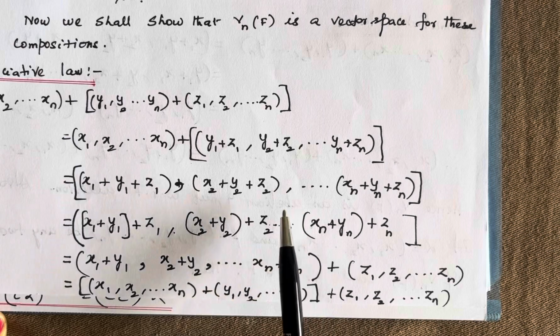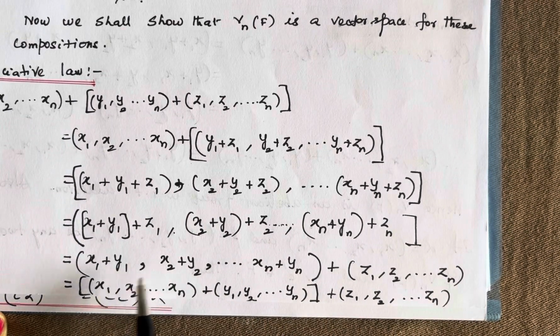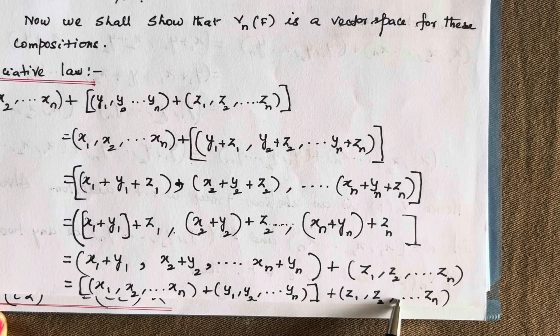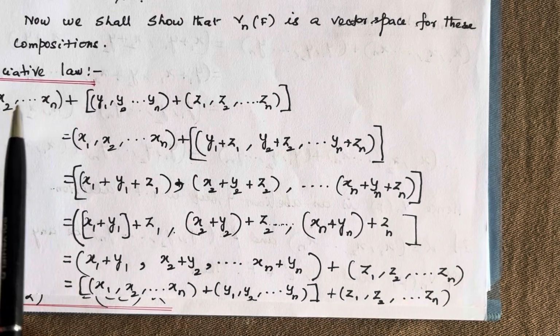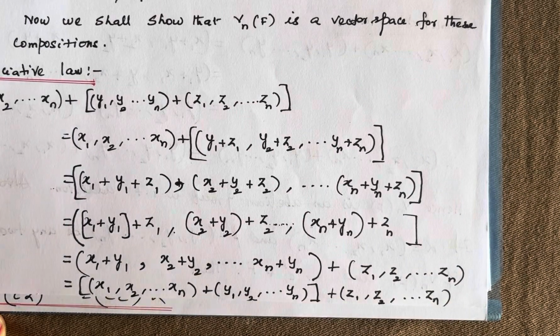All these are possible due to the definition which we have already defined. And then I can split this as x1, x2, xn plus y1, y2, yn, plus z1, z2, zn. So it is a plus b plus c is equal to a plus b plus c. So the associative law, we are able to prove, is satisfied.